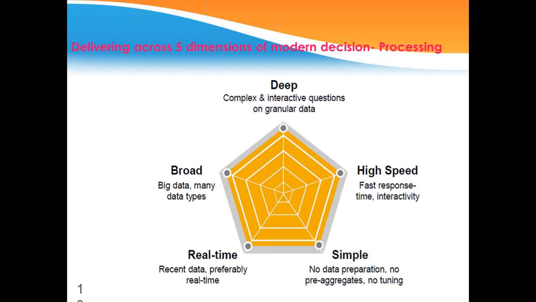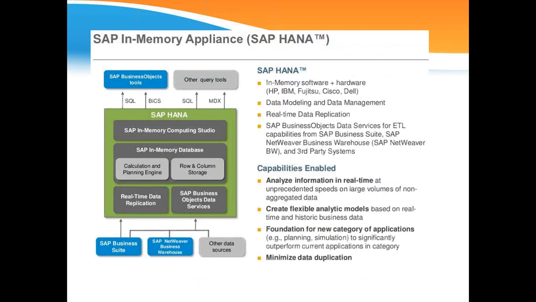Each and everything helps make HANA successful. It is not only a database, not only a software, not only hardware or memory. Including all, that's why we call it an appliance.